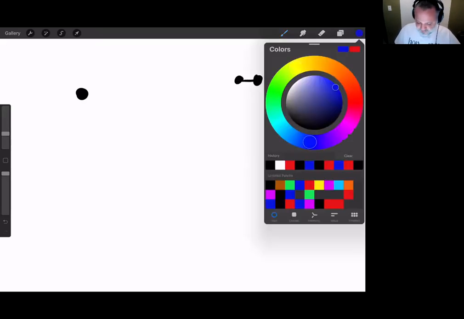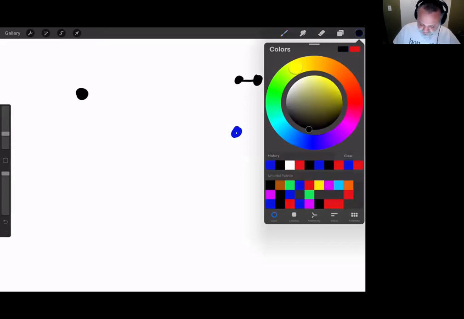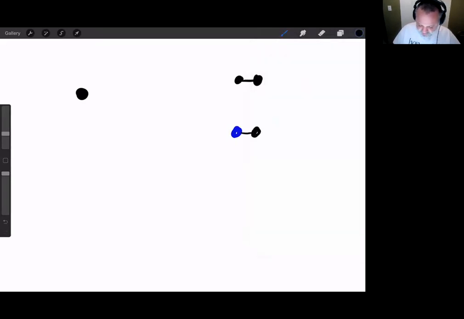I'll just remind everybody they can be different colors, because at the end of the day there are different types of atoms. We're going back to that particular picture of what matter looks like. We're using this as a conceptual model.